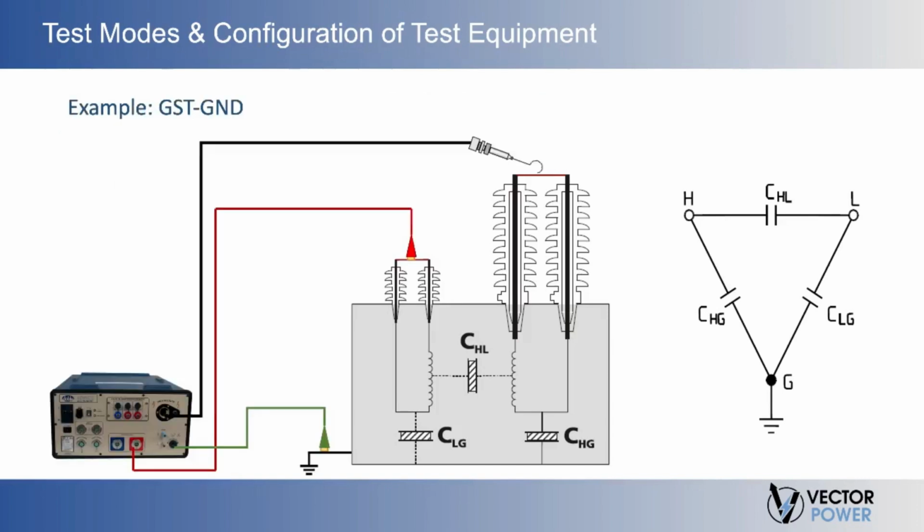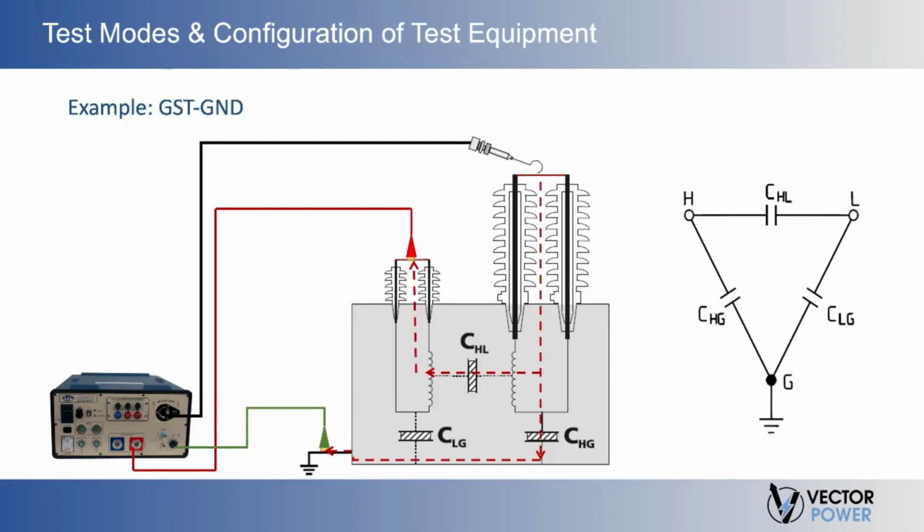Now, remembering our test modes, let's go through the regimen of testing. So here we're going to do a GST ground, okay? And remember, in GST, ground is always measured. So if we're going to ground the red channel, that means we're going to measure it. And anything coming in on the green or the ground lead will also be measured. So we start by applying the potential to the high windings.